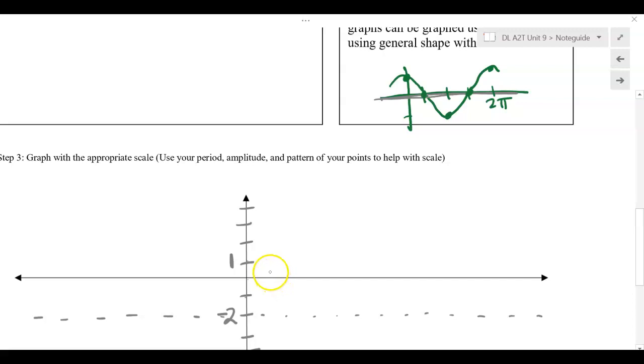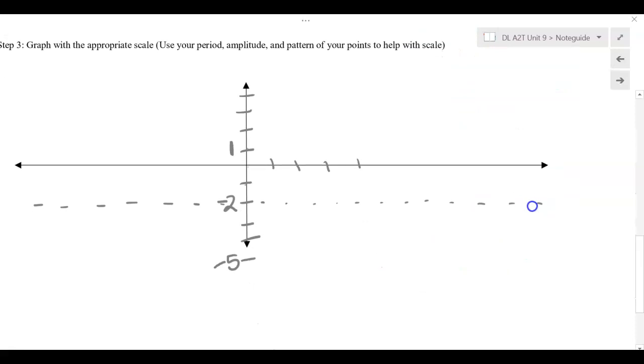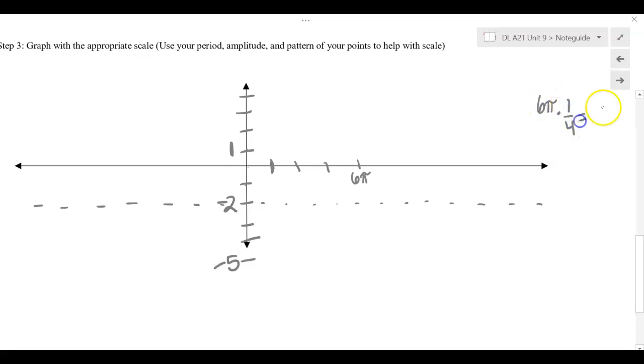And now my period, normally I would expect this 4th mark to be 2 pi if there was no horizontal stretching or compressing, but there was, so I'm just changing how I measure it, and I would like one period to extend all the way out to 6 pi. And again, then I have to know what to count my graph by. So I'm going to take 6 pi, since it's the 4th mark, and split it up into fourths.